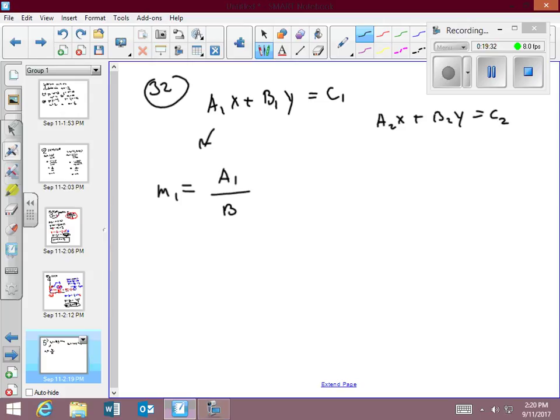B1. In this one, the slope here, the x term is going to be what? What's the number multiplied by x? A2. Number multiplied by y is B2.